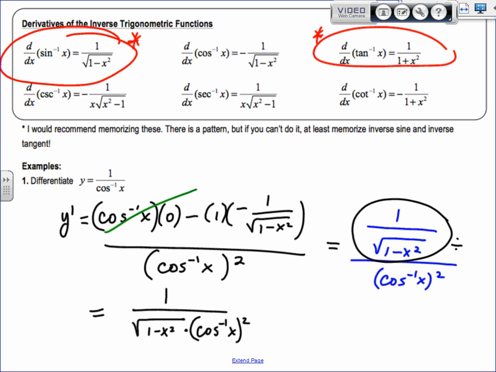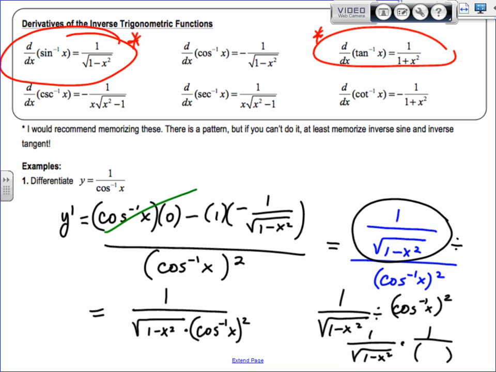Why did you multiply the inverse cosine of x only on the bottom? Because it's like dividing by inverse cosine squared, which is multiplying by 1 over, like that. Does that make sense? So that's your answer. You can't say it's cosine to the -2 either.